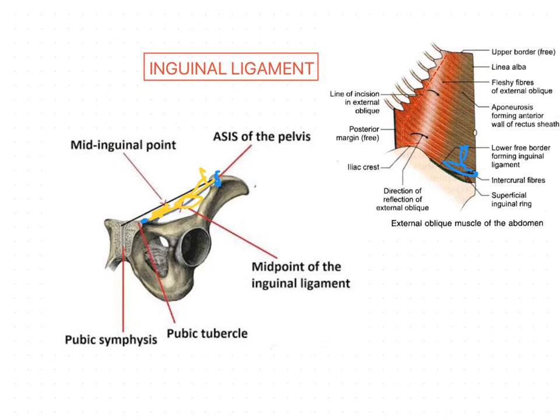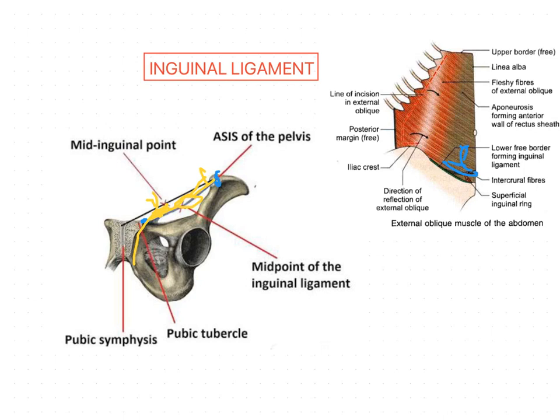The spermatic cord is seen in males, whereas the round ligament gives support to the uterus. These are the relations of the inguinal ligament.